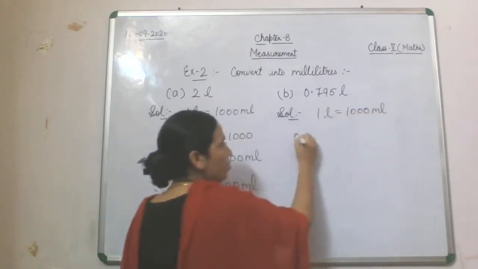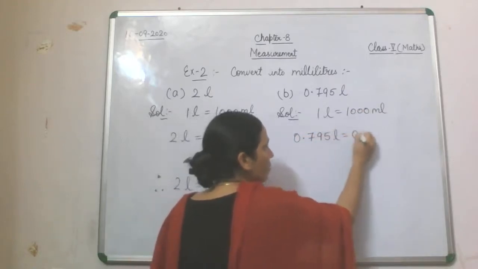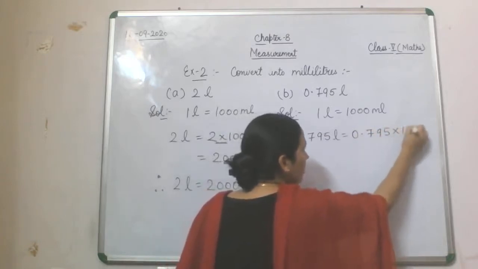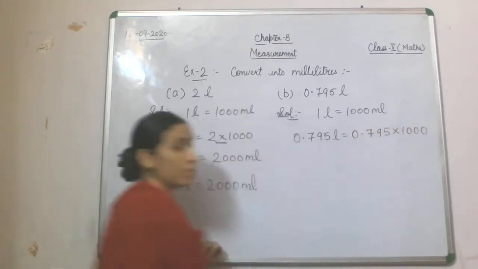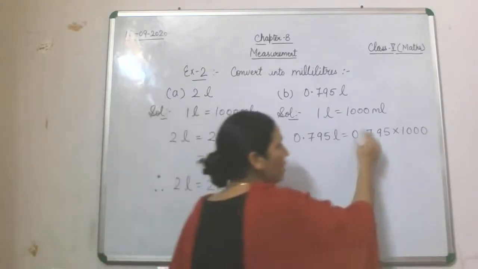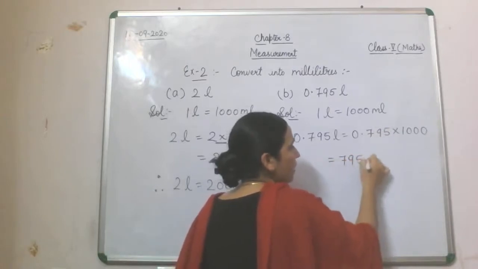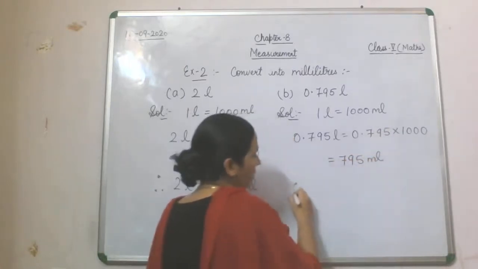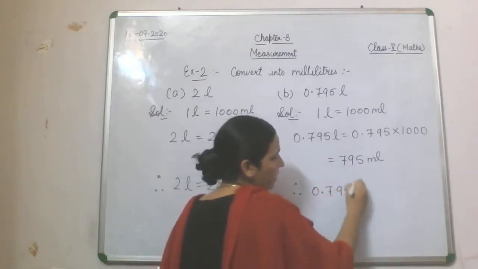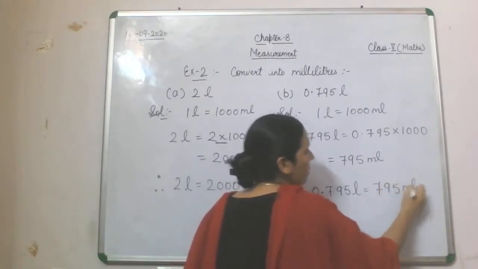So 0.795 liter is equal to 0.795 multiplied by 1000. It means now the decimal will shift 3 places towards the right, 1, 2 and 3. So what we are getting? 795 milliliter. So we'll write the answer like this: 0.795 liter is equals to 795 milliliter.